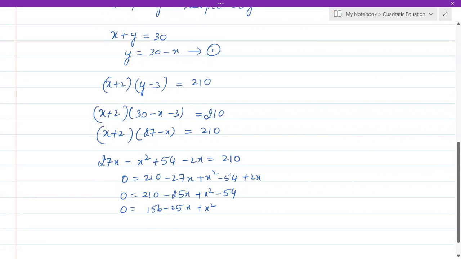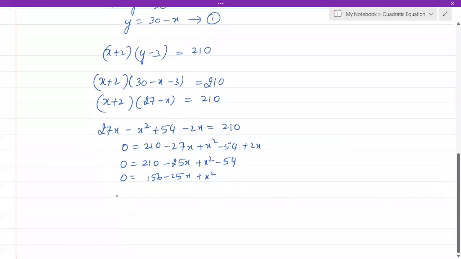So rearrange it. X square comes first, isn't it? Then minus 25x. Then 156. Therefore, the required equation is x square minus 25x plus 156 equal to 0. This is the quadratic equation. Solve by any one of the methods, you'll get the answer.